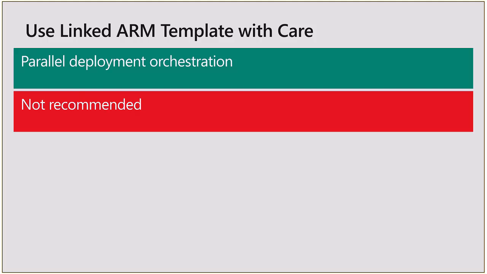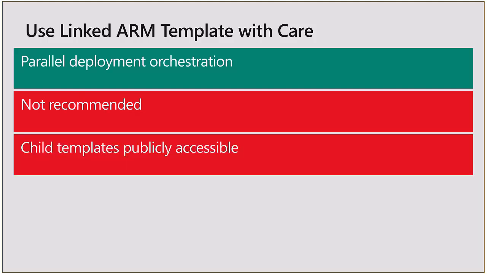What that means is, in order to use a linked template, we need to publish the child templates to be publicly accessible, or at least we need to have an access token or SAS token attached to access the child templates.